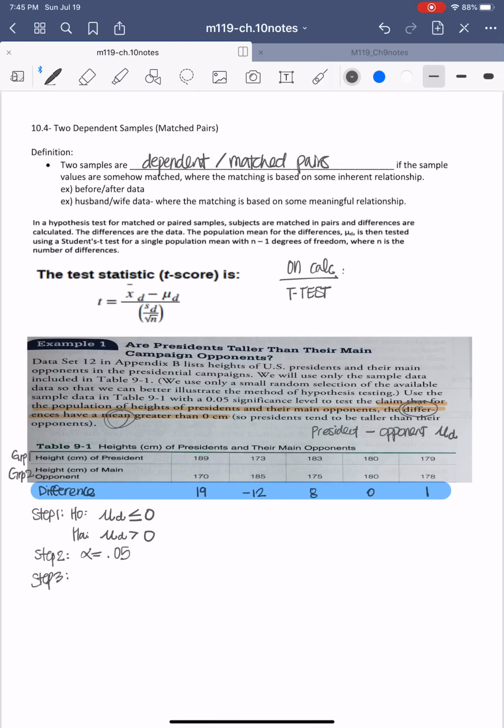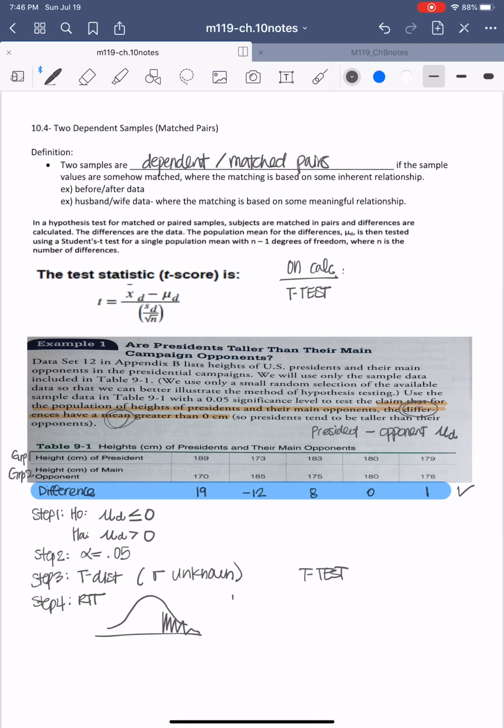This is t distribution. We're dealing with mean. Population standard deviation is not known, so this is a t distribution. But we will be using t-test, not two sample t-test, because we are looking at just one set of data now. Step 4, we have alternative greater than, so this will be the right tail test.